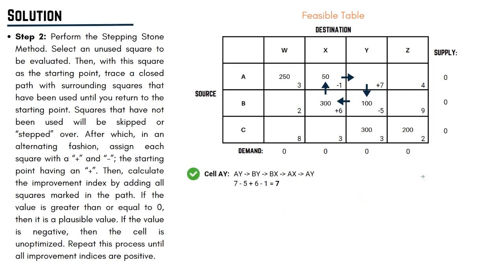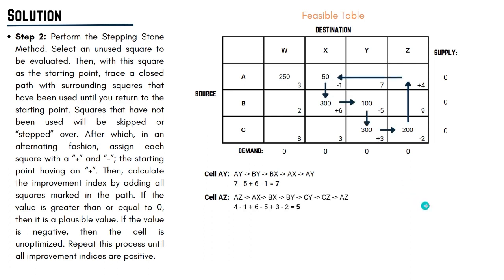Next, we move to cell AZ. Now here's where it gets complicated because cell AZ has no surrounding squares in which we can go to. Again, we cannot go from cell AZ to cell BY. We cannot go diagonally. So what we do is we skip over cell AY and move to cell AX. Then we trace a closed path with the squares with values until we return to the origin point.